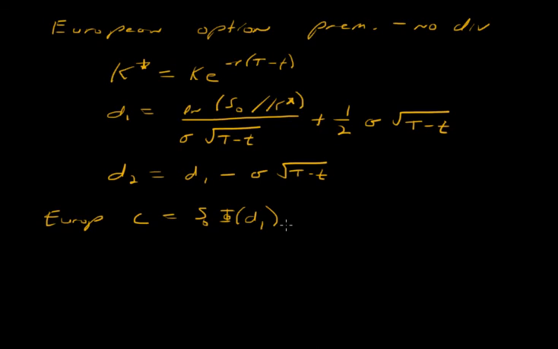Then you would subtract out the revised strike price, and again use the normal CDF, and plug in your D2 values. So these D1 and D2 are simply plugging into the CDF. The way to think about this formula is this is the delta of the share price, and then you're subtracting out a bank loan.